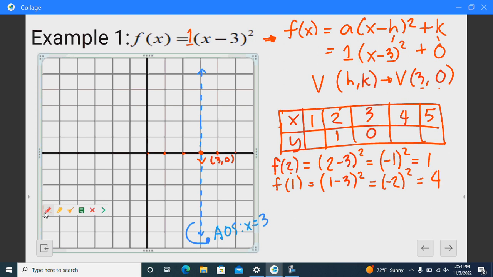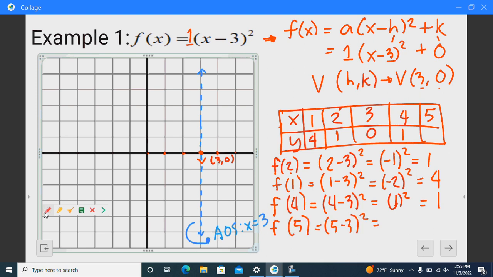So our x is 1, our y is 4. Now next, if our x is 4, that will give us 4 minus 3, which is 1, squared gives us 1. And if our x is 5, that will give us 5 minus 3, which is 2, squared gives us 4.